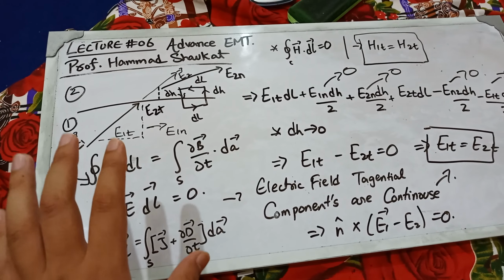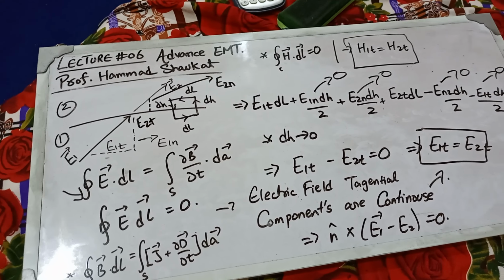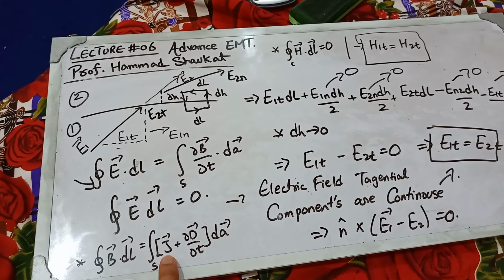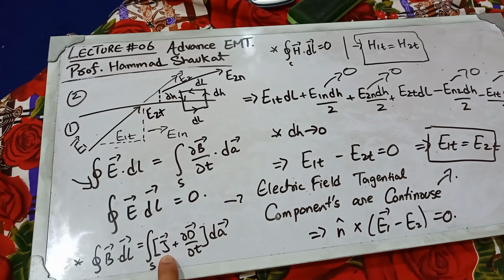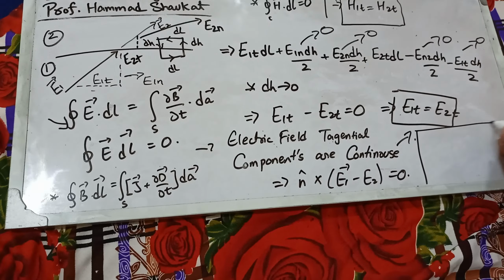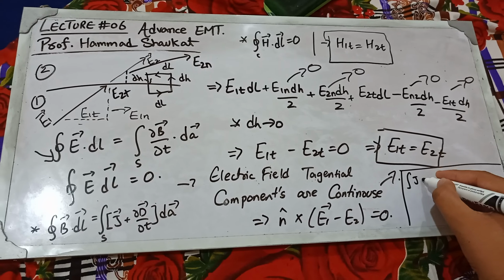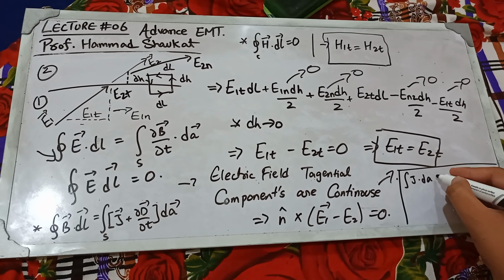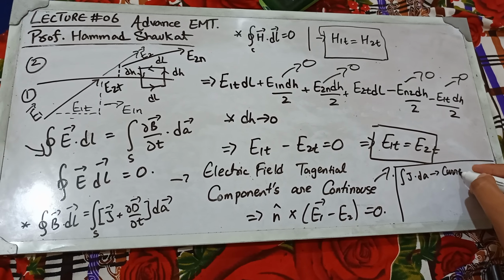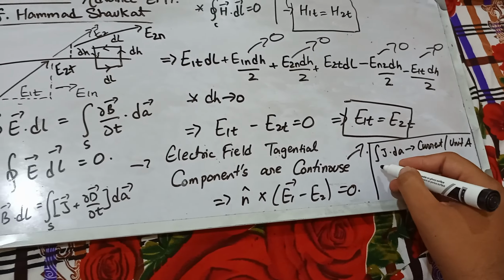To find the current on a surface, first of all we must convert our current per unit area into current per unit length. So how can we convert this J into length units? You know that this integral of J dot dA is the current per unit area.